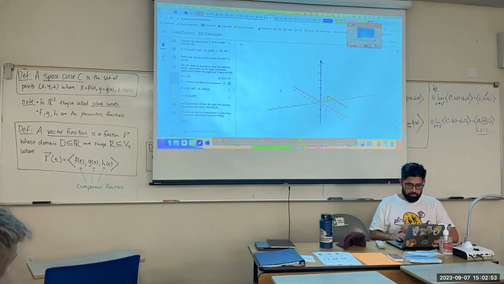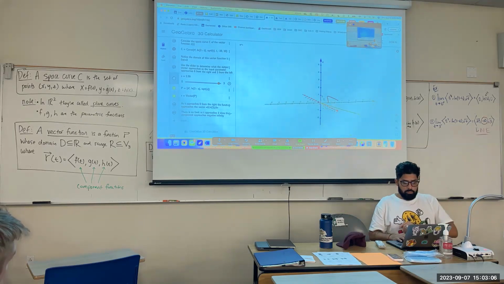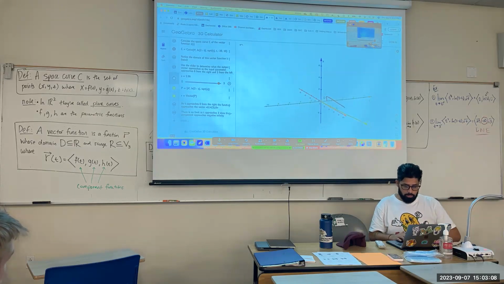GeoGebra shows that it stops, but look, it actually keeps going. What I want you to notice is this really big x value. Let me move it to 27. How do I do that again? Okay, here we go. That looks more like the curve now.